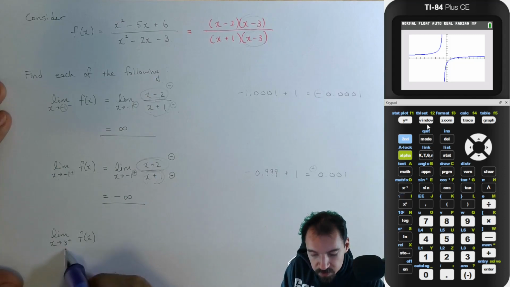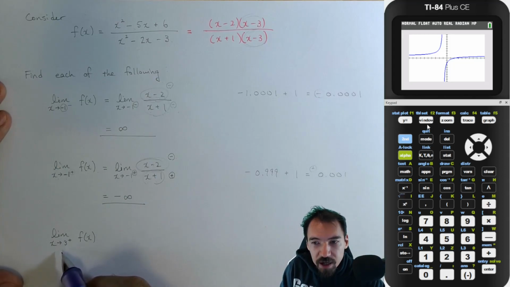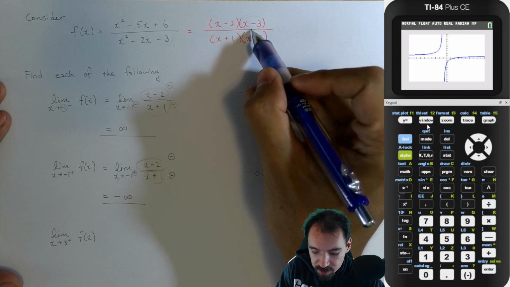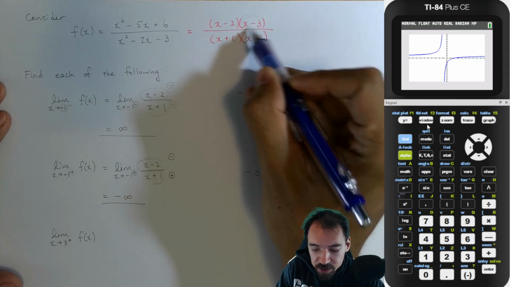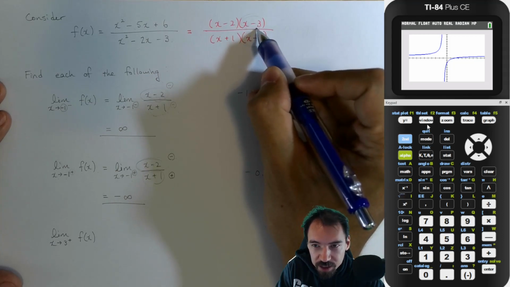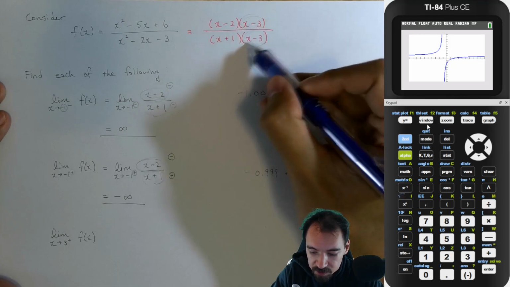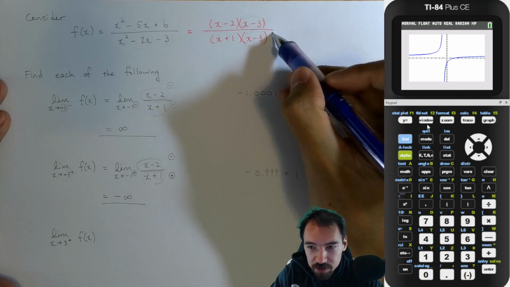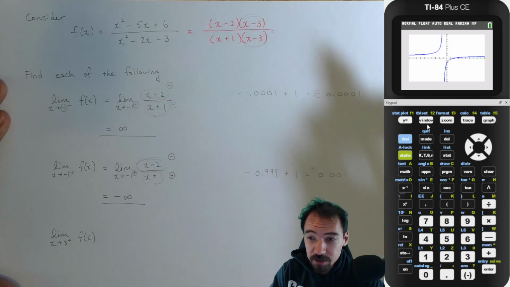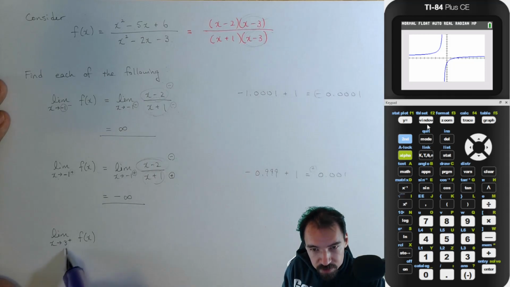Okay, now let's get to this guy. So as x approaches 3, now the issue is, since we're getting really close to the 3 here, we have to think, does that affect our ability to cancel this factor out of the numerator and denominator? Oh, it doesn't. Wait, why not? Because x is close to 3, but not exactly 3.